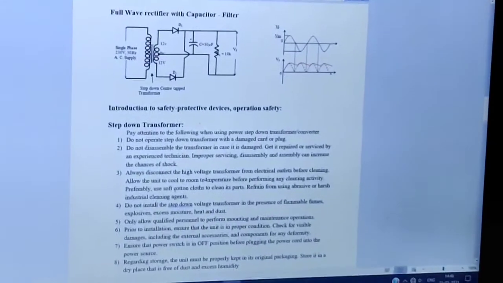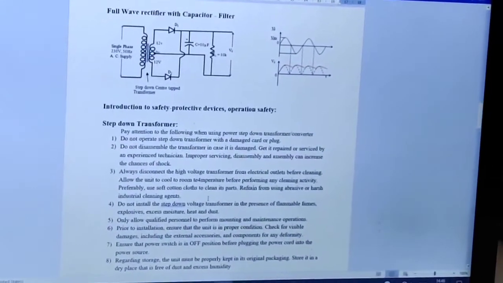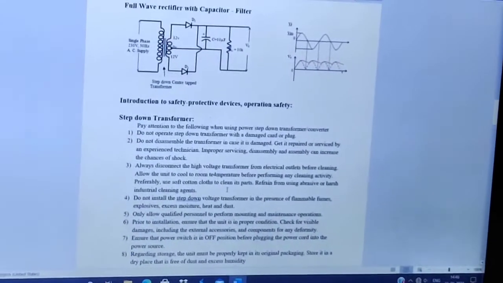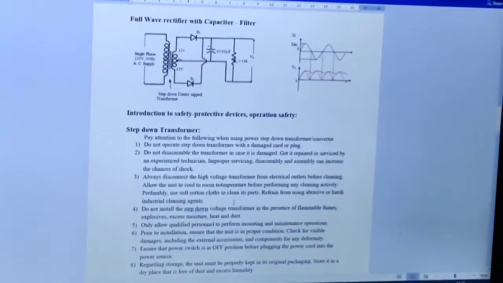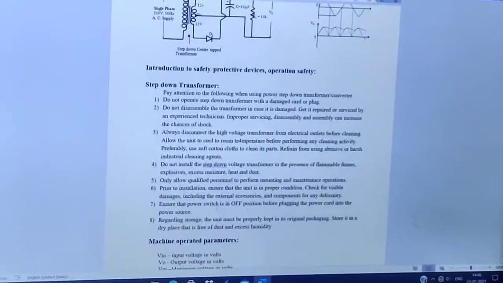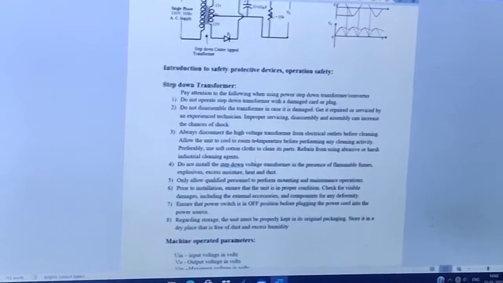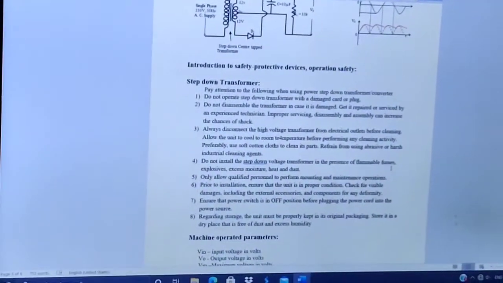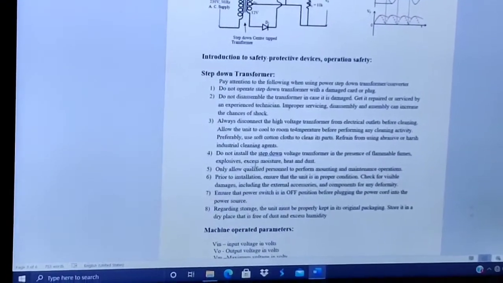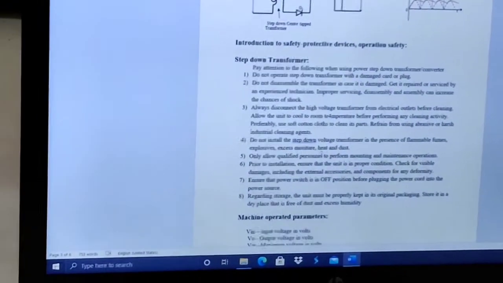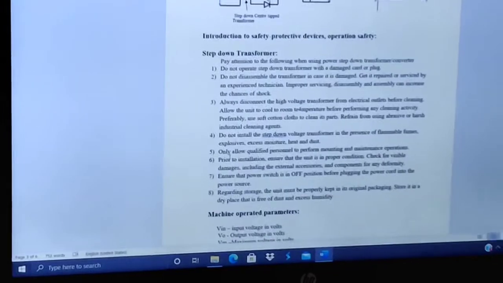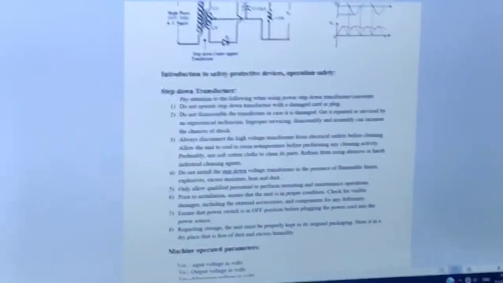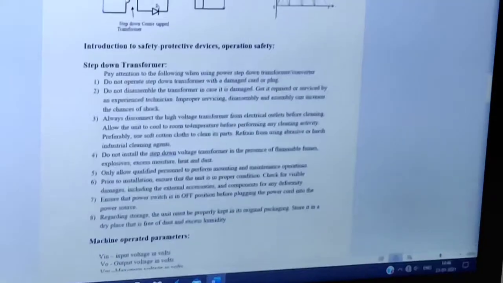Preferably use soft cotton cloths to clean its parts. Refrain from using abrasive or harsh industrial cleaning agents. Do not install the step-down transformer in the presence of flammable fumes, explosives, excess moisture, heat and dust. Only allow qualified personnel to perform mounting and maintenance operations.